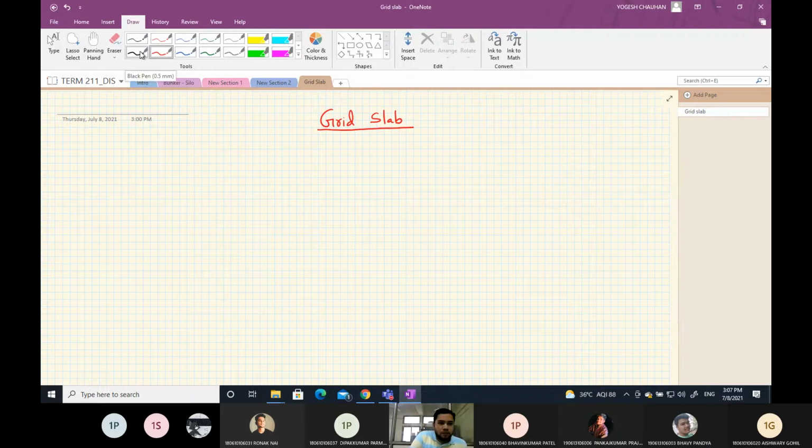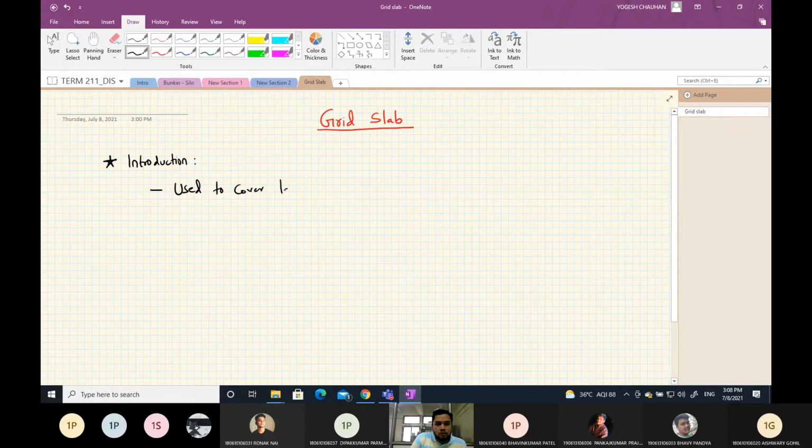So, first we'll cover the introduction. The grid slabs, or sometimes they are also called coffered floors or coffered slabs, are used to cover large floor area.